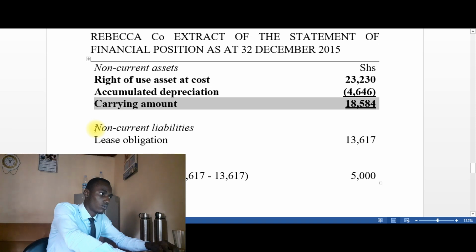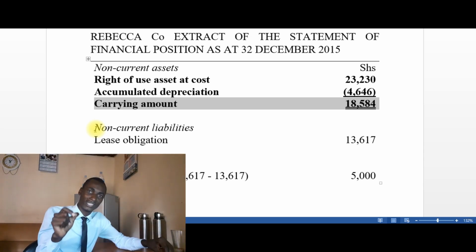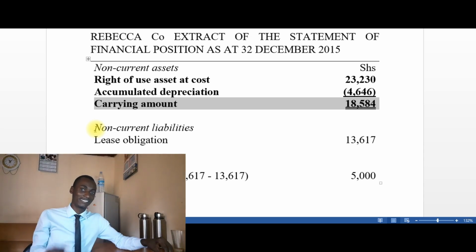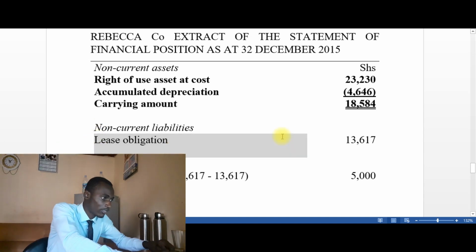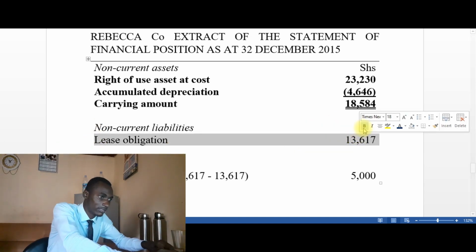Then we have to also present the lease liability. We have our lease liability at the end of the first year, which was 18,617. But don't forget, we have to split this into the non-current portion and current portion. As you can see, I told you that the non-current lease liability is the capital outstanding of the second year, and that is 13,617.